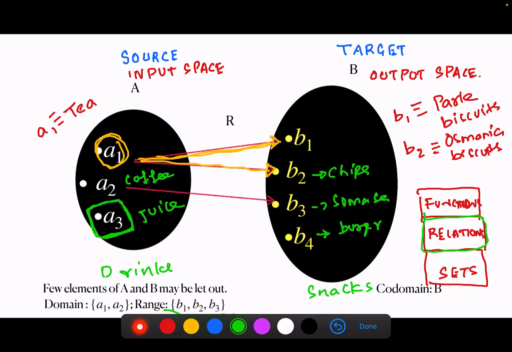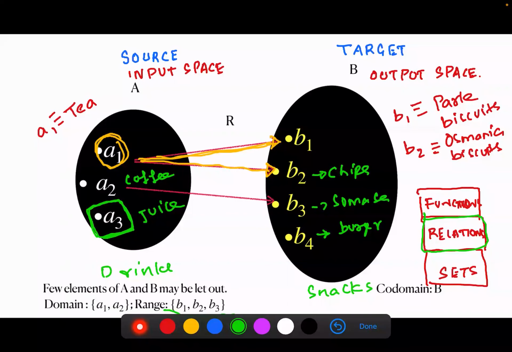Have questions? No, sir. Sir, can we say codomain is domain union range, right? No, codomain is not the union of domain and range. See, if you take the union of domain and range, you will get elements in set A also.